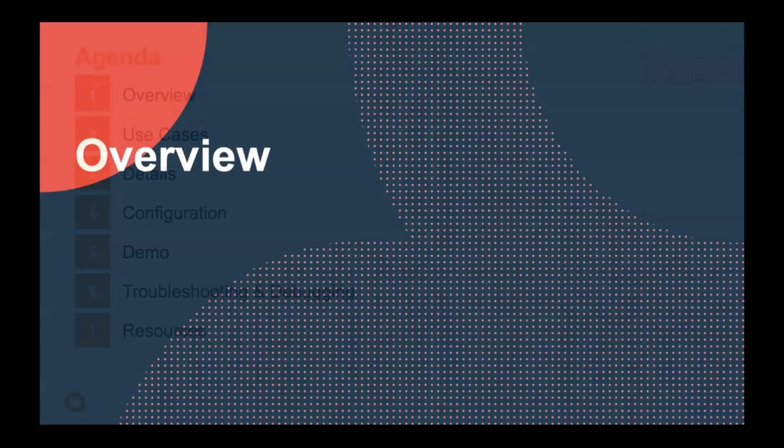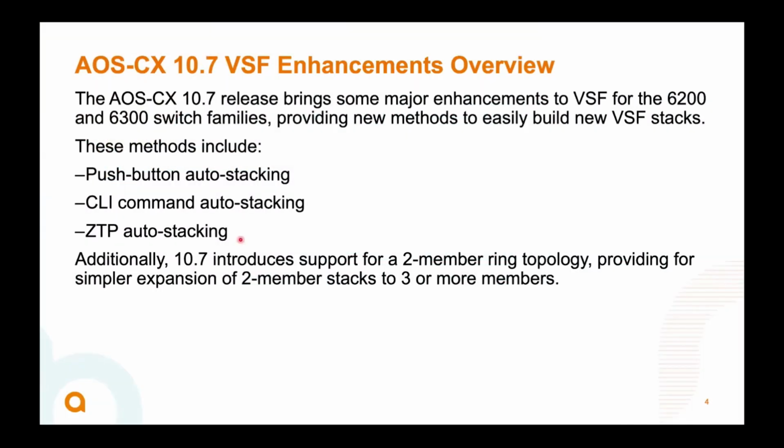So let's start with an overview. So the 10.7 release brings some major changes to the way that customers can deploy stacks of 6200, 6300 switches. So basically there's three methods of automatically provisioning a stack that come with this release.